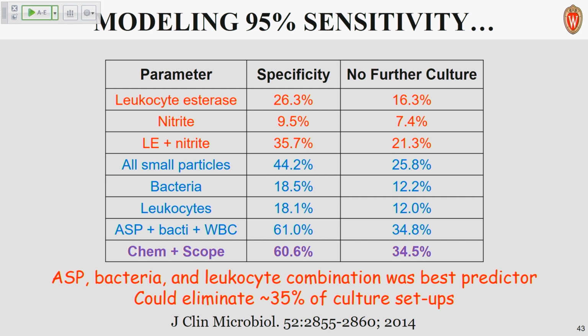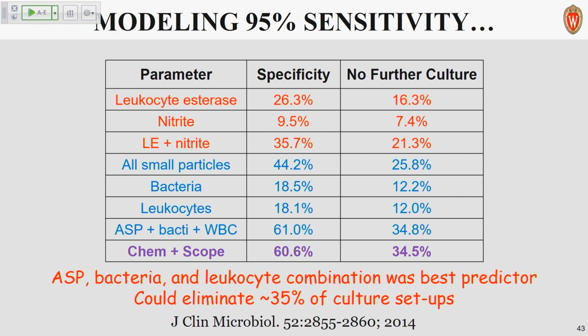And remember, Megan said that this is an automated instrument kind of doing the work of the UA for you, right? So importantly, the all small particles plus the bacteria plus the leukocyte combination, if all three parameters were significant findings on the iris, had the highest specificity, or in other words, the highest significant reflex rate, at about 61%.